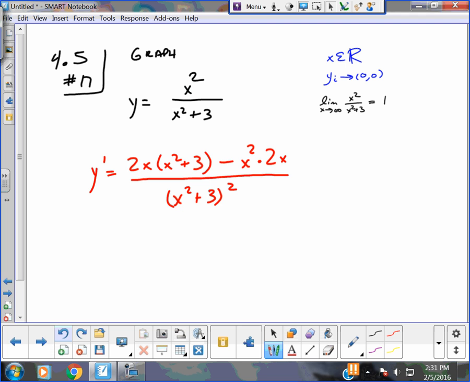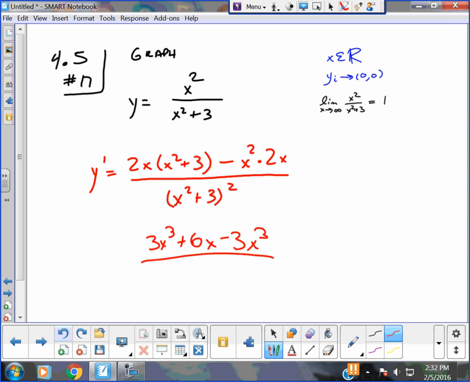Derivative of x squared is 2x times the bottom, minus the top times the derivative of the bottom, which is 2x, all over the bottom squared. I don't want to deal with this, so I'm going to simplify. And I see it's 3x cubed plus 6x minus 3x cubed.